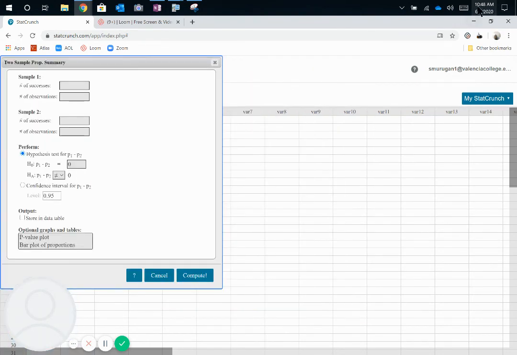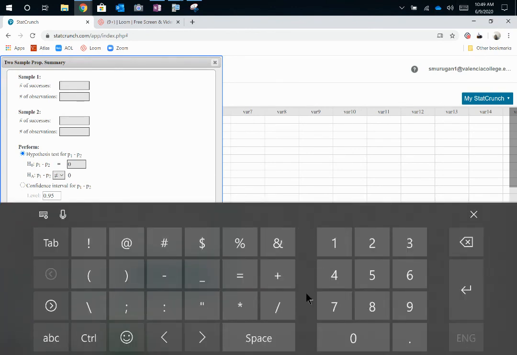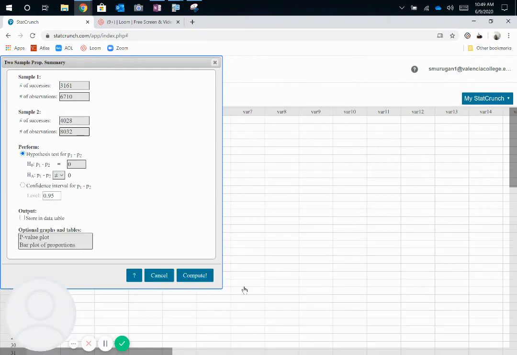And we're going to type in all of the values that we have. So this is 3161. 6710. Then second case, 4028. 8032. We have equal to each other and not equal to each other already selected. Compute.